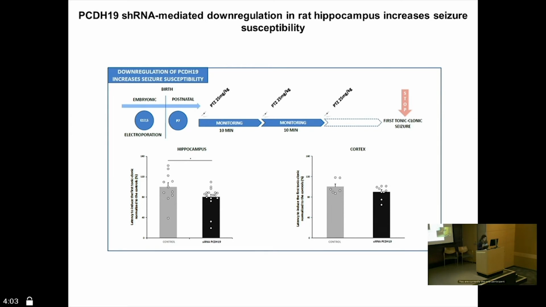Of course, these experiments are not complete because she is now doing the rescue experiment, and we hope to recover the normal morphology and migration, and also the phenotype.